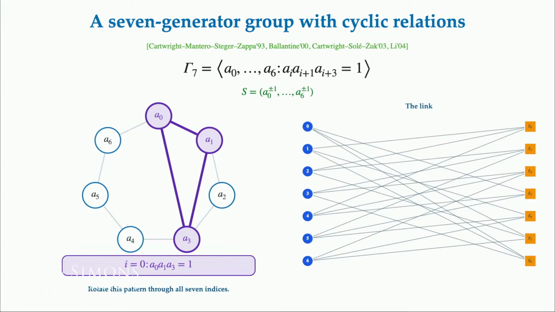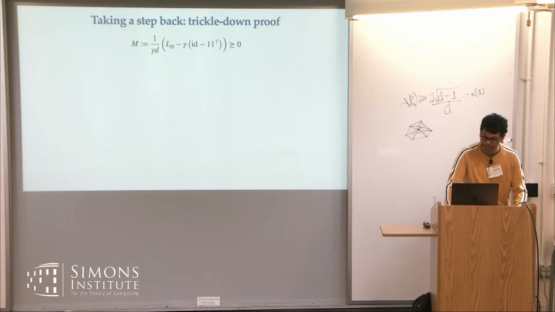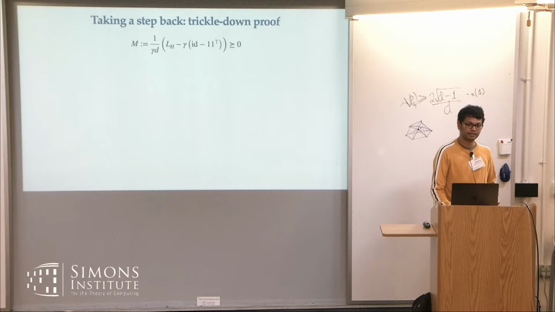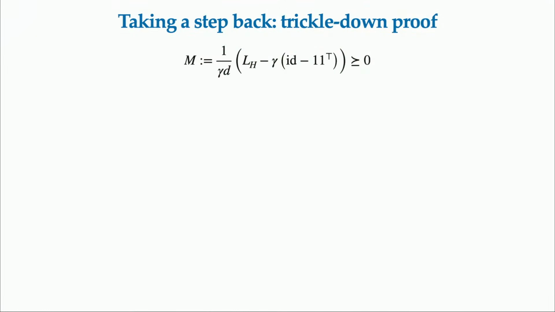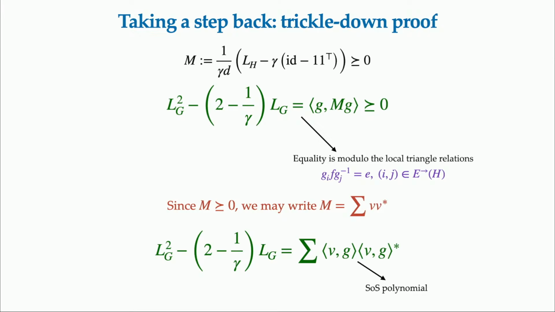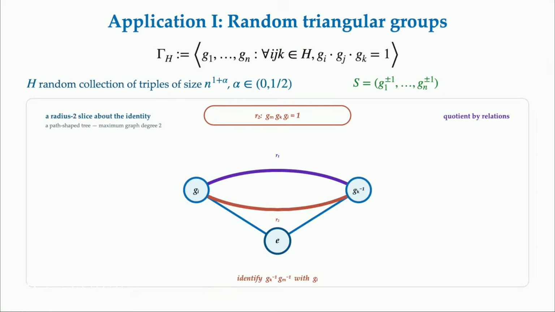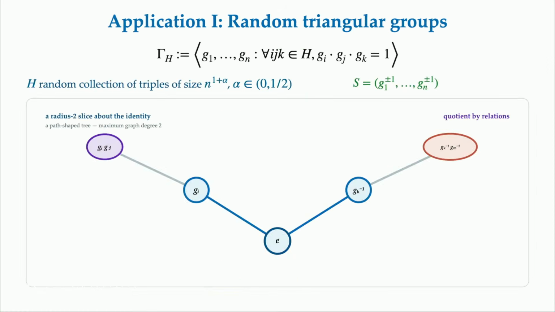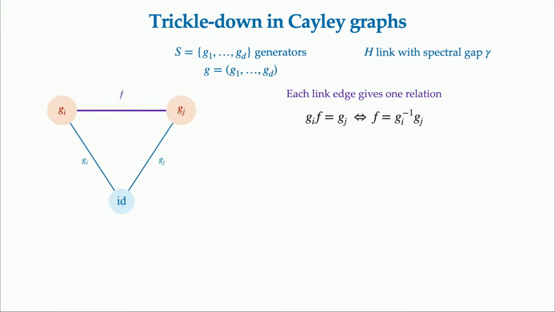Could you say a bit more about how the trickle-down theorem is related to the sum of squares proofs that you found using an SDP? Yeah, so actually, the trickle-down theorem proof, you can interpret it as being a radius 1 or degree 2 sum of squares proof. In particular, maybe we can go back and see what happened in the proof of trickle-down.